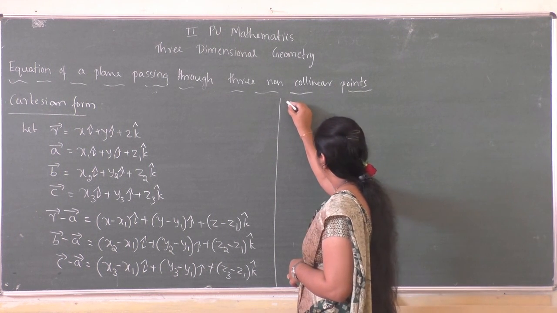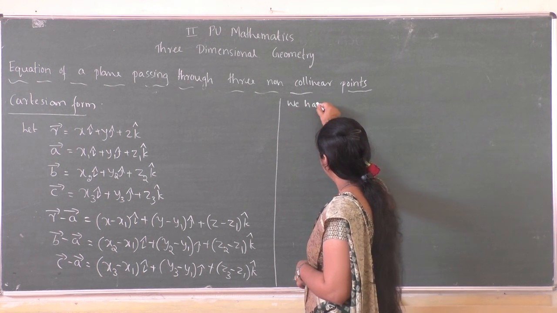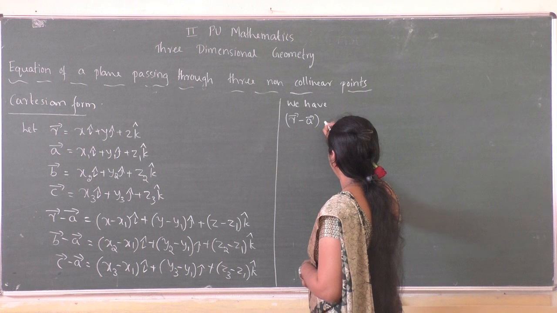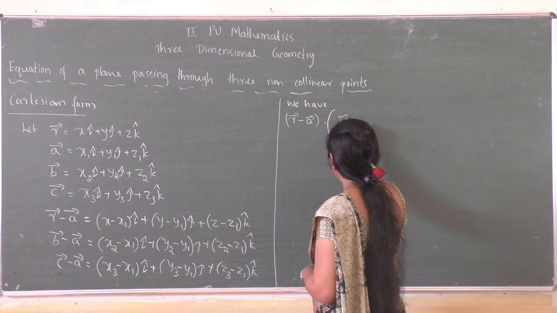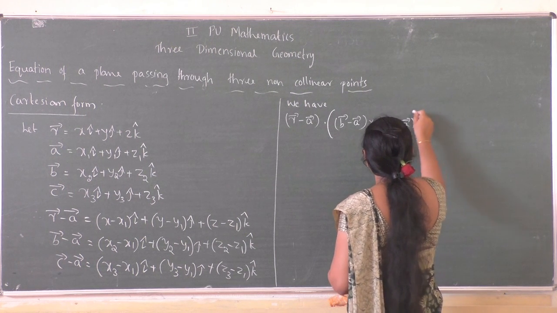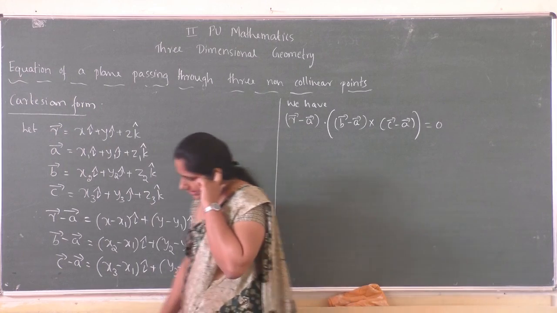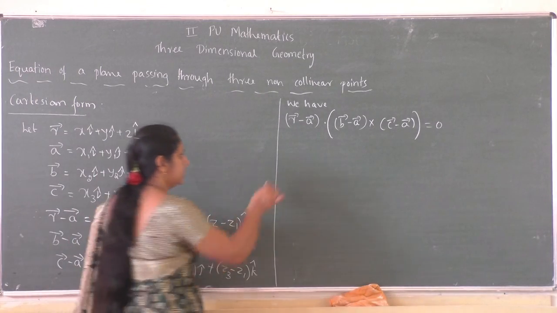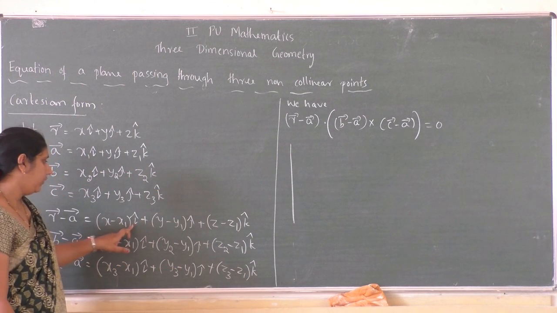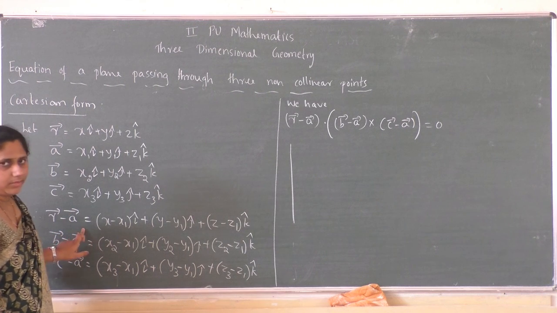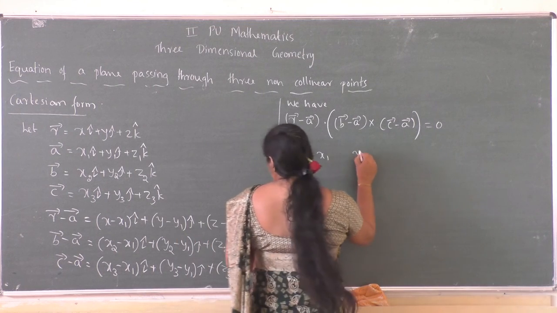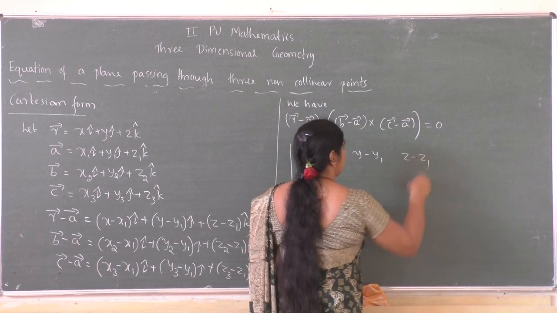Actually, what is equation 1? It is R vector minus A vector dot B vector minus A vector cross C vector minus A vector equal to 0. So it is actually the scalar triple product, which is the determinant. In the first row, you write the coefficients of i cap, j cap and k cap of R vector minus A vector: x minus x1, y minus y1, z minus z1.